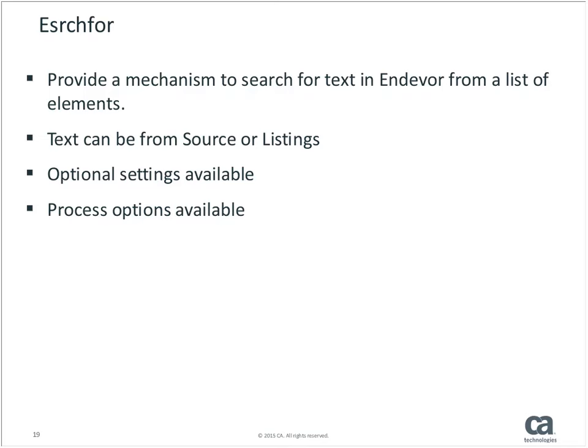But they do have the ability to change those listing libraries to fixed blocks so they can be searched for a text string. If they're not in an unblocked or a compressed format, searching is difficult. But this ESRCHFOR allows you to search within a listing or source for any text string. And there are optional settings, and there are process options available for this as well.